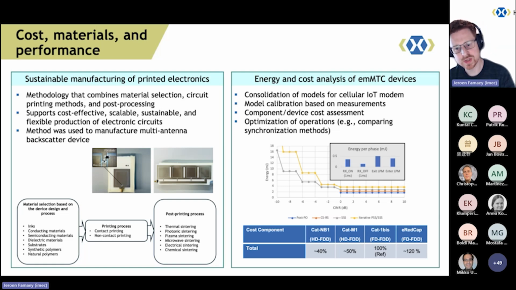And this model will be used as a basis to design new communication techniques for even lower power devices and to optimize the operations of this type of devices. For example, in one study, we used the models to compare different synchronization methods for energy neutral devices that have very long sleep cycles and where synchronization becomes a problem due to the long sleep.